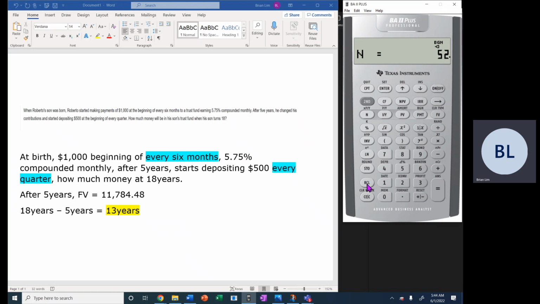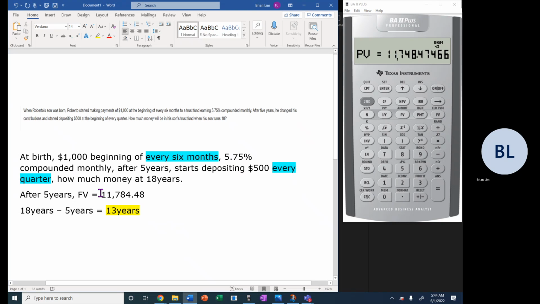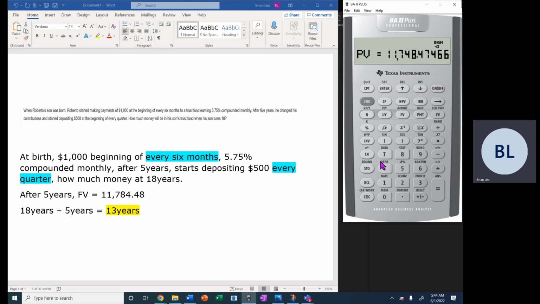Now we do have the present value because that was from the previous 5 years. Okay, and now the payment is now $500 as it is here. So now we can compute the future value, and that should be the answer.